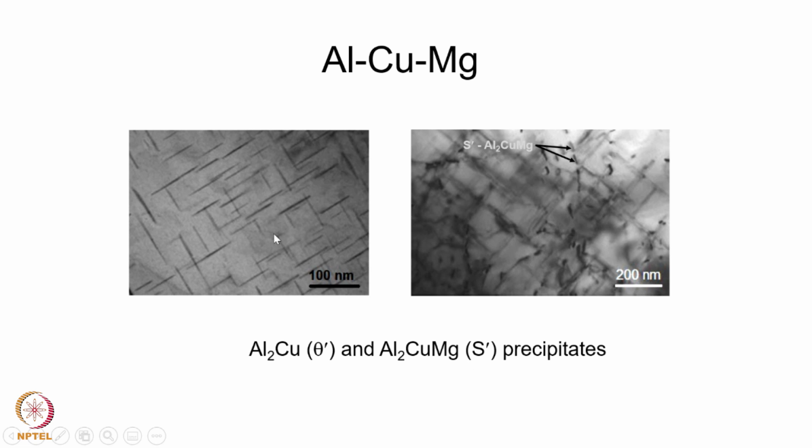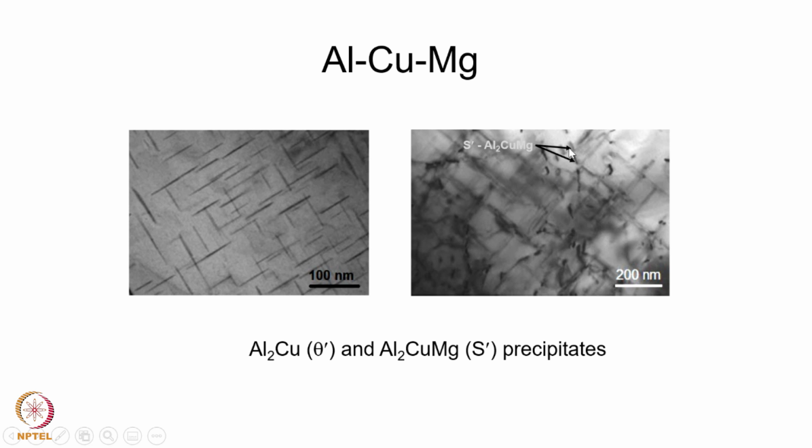Al2CuMg. So we have seen the morphology of the theta prime precipitate, which is in the left hand side image over here. And on the right hand side, apart from these theta prime precipitates, you would also see some other precipitates appearing as needles, which are shown by these arrows.